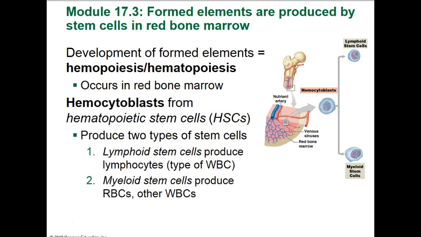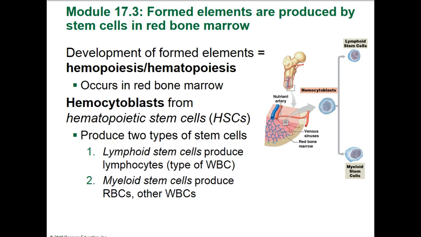The hemocytoblasts come from hematopoietic stem cells. And these hematopoietic stem cells are relatively generic, although they can only develop into certain cell lines, so they can't develop into any cell lines. And these produce two types of stem cells. The lymphoid stem cells that produce lymphocytes, which are a type of white blood cell.